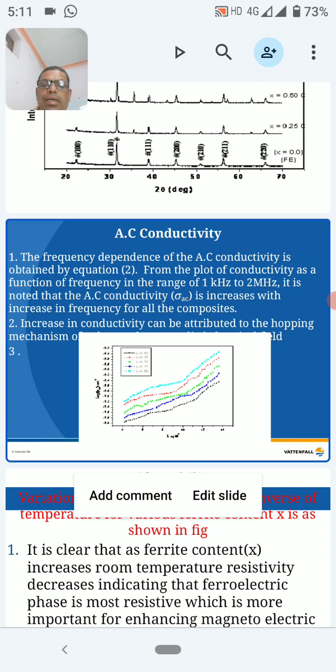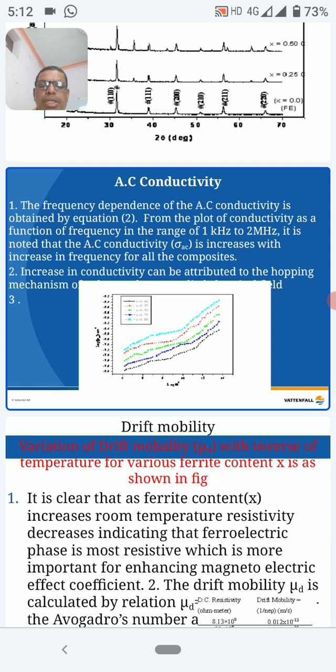as ferrite content x increases, the room temperature resistivity decreases, indicating that the ferroelectric phase is the most resistive, which is important to enhance the magnetoelectric effect. The plot of the frequency dependence of AC conductivity clearly shows that the AC conductivity increases with increase in frequency over the whole frequency range.